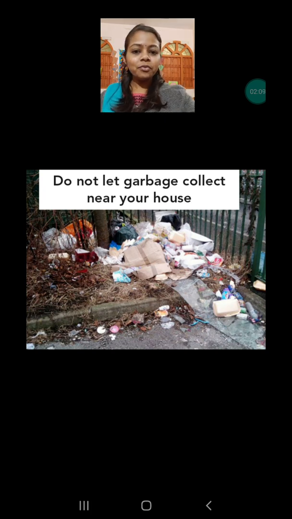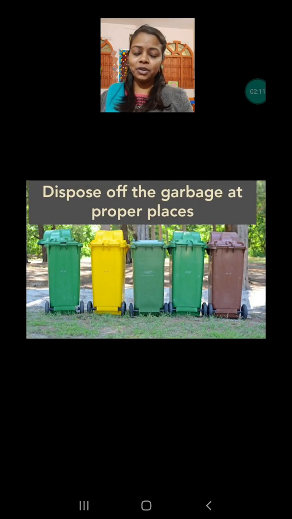So what is the way of throwing the garbage? The correct way is to dispose of these things at the correct place. If you are outside in the park, in the playground, everywhere you can find a dustbin. Our government has provided dustbins at each and every place, so you should make use of that. If you are drinking anything or eating anything, all the wrappers you should throw in the dustbin.